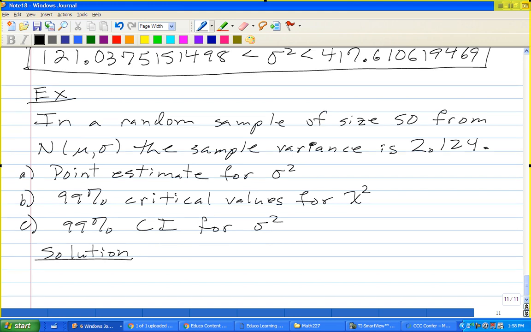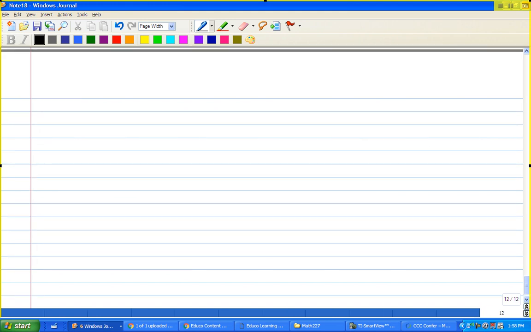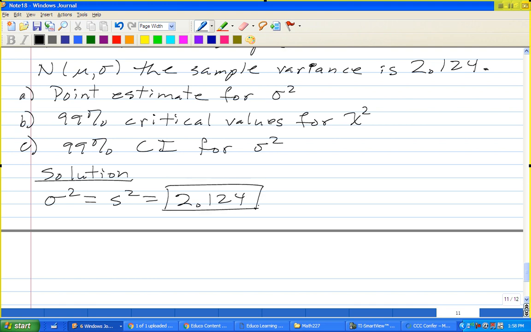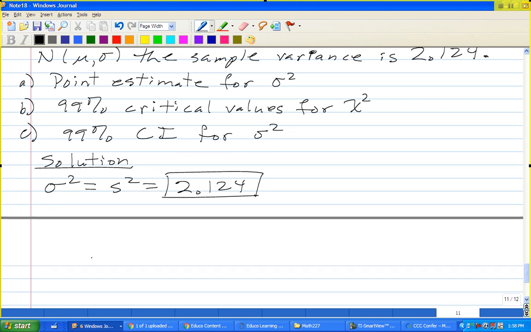Okay, so the best point estimate for the population variance is the sample variance, and the sample variance is 2.124. So you're done. Next, let's find the critical values for chi-squared.